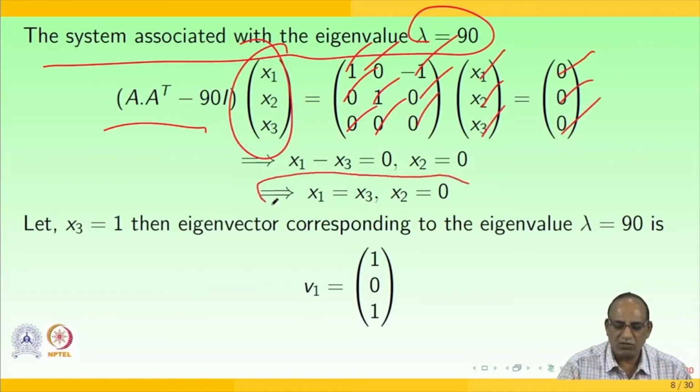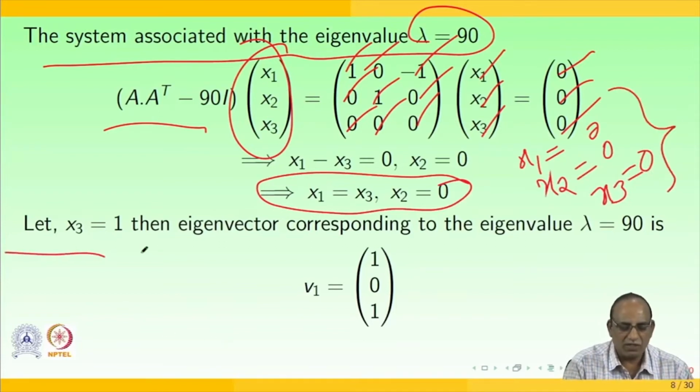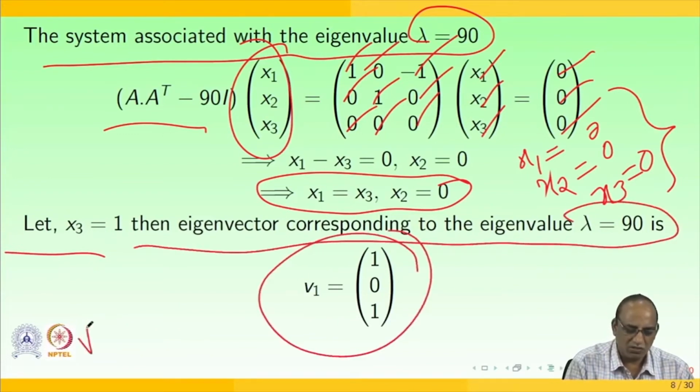So essentially x1 minus x3 is 0 and x2 is 0. Let x3 be equal to 1, then the eigenvector corresponding to the eigenvalue lambda equal to 90 is given by v1 equal to 1, 0, 1.